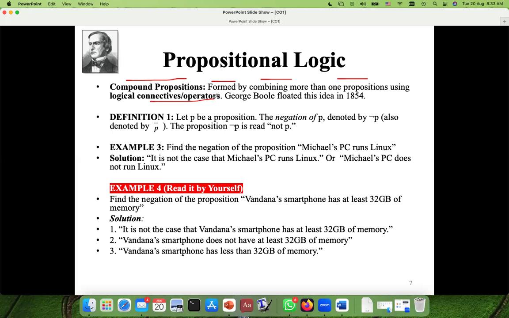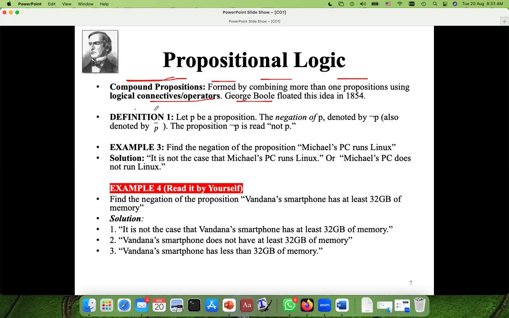For example, you have studied conjunction, and maybe disjunction, the and and or symbols. Different symbols are available. So we will study these connectives. By using these connectives, you can combine two or more propositions with each other, and the new thing that you will have is called a compound proposition. This idea was given by George Boole.